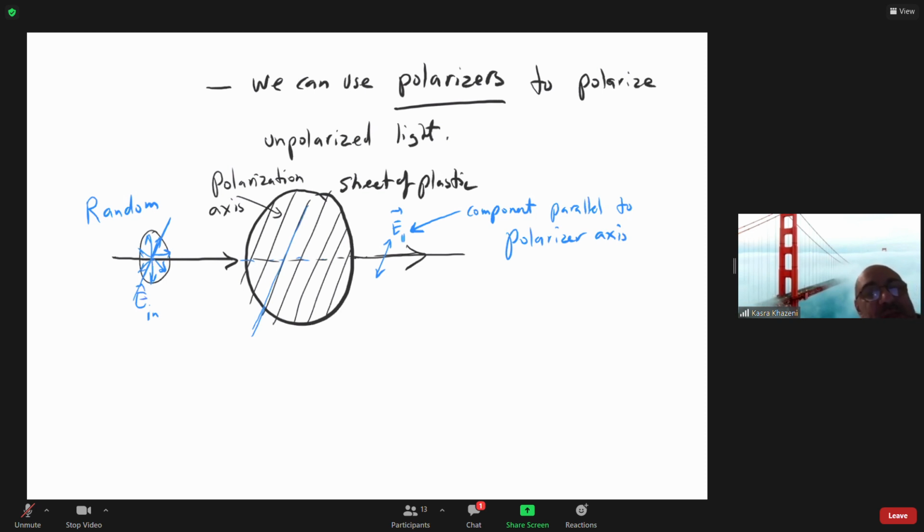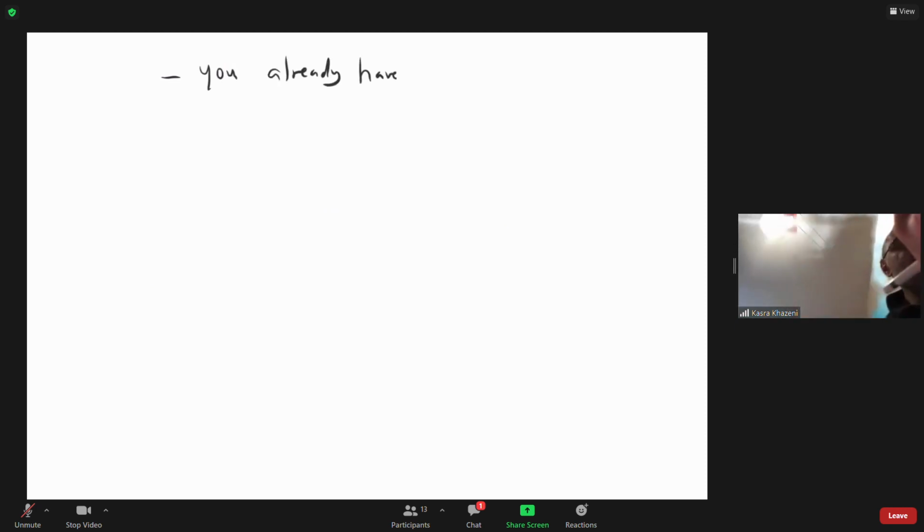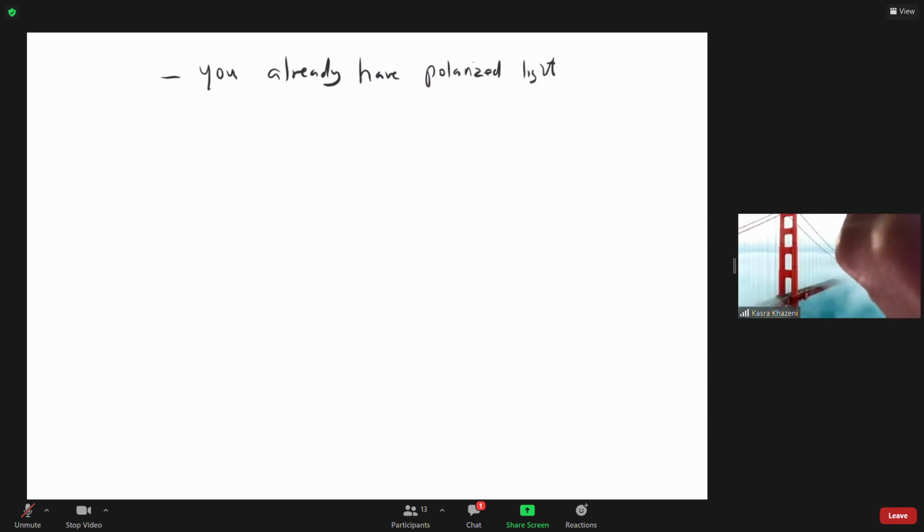Now, suppose you already have polarized light. Suppose it's just pointing in some direction.